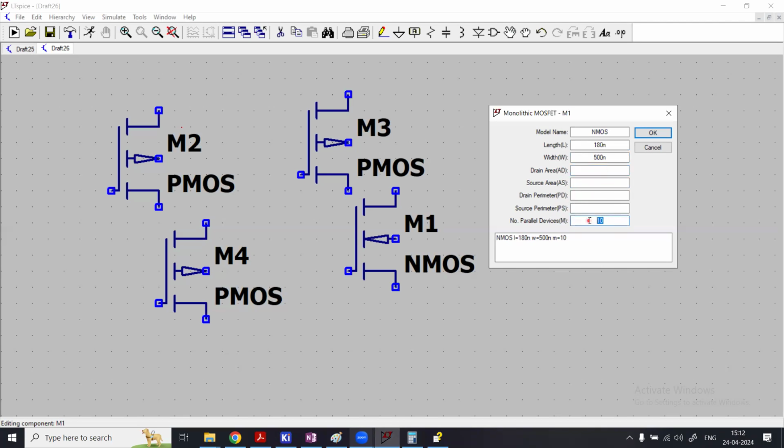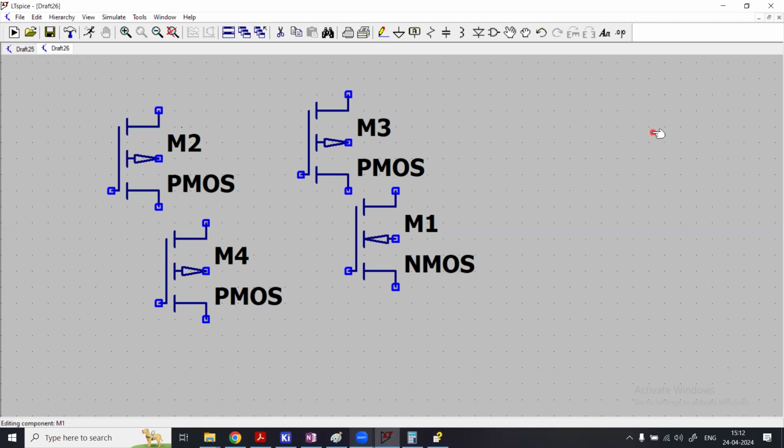And just like I mentioned, number of parallel devices means how many devices you want to be connected in parallel. So if you connect devices of this dimension, a single unit has L of 180 nanometer, W is 500 nanometer, and if you have 10 devices in parallel, such that if you just write 10, it means this single device has effective width because they are in parallel.